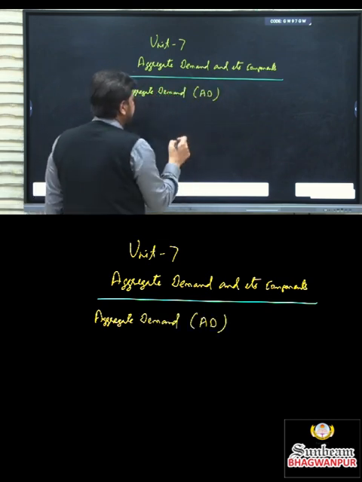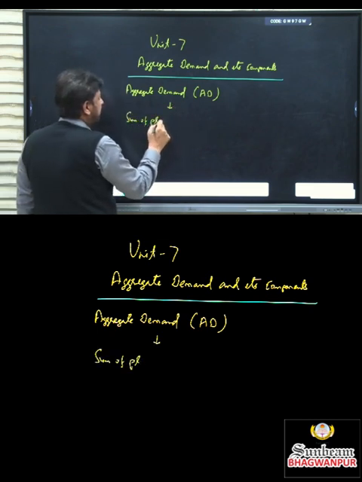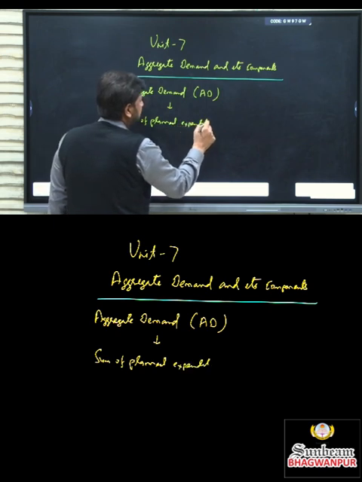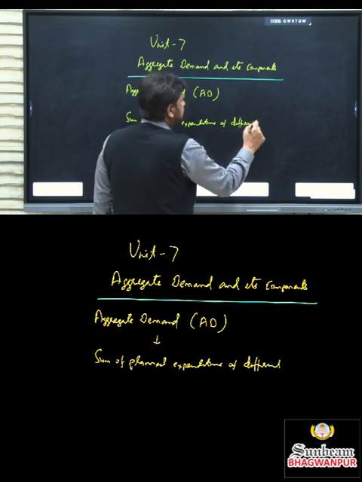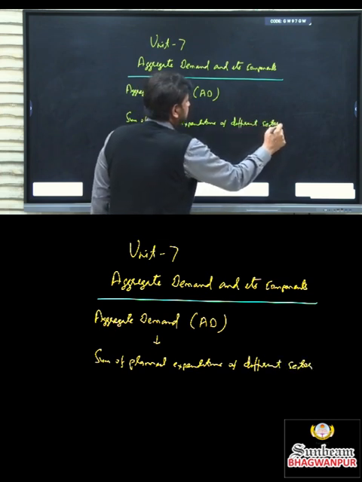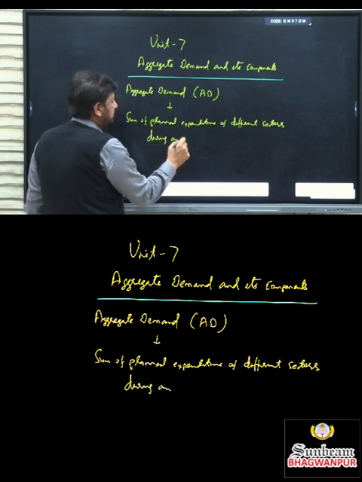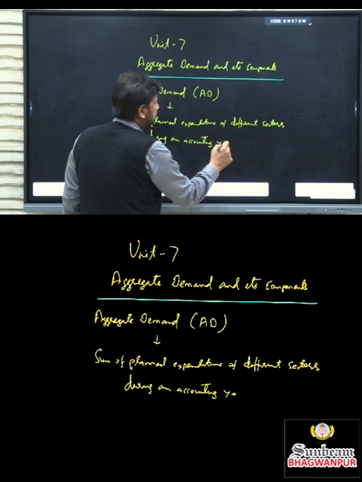Aggregate demand is actually the sum of planned expenditure of different sectors during an accounting year.